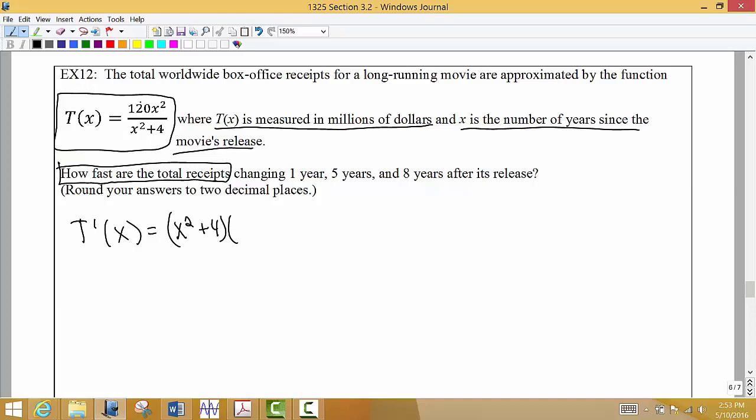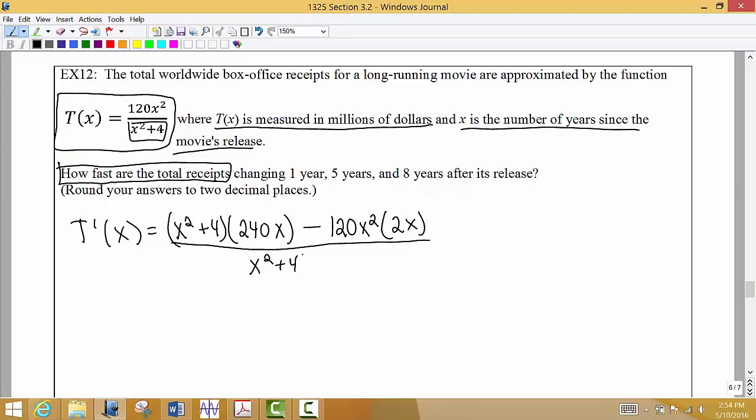So we're going to use the power rule for the derivative of the top there, so that would be 2 times 120, 240, and then x, reducing the power by 1, so we get 240x, minus the numerator as is, times the derivative of the denominator. Just looking at the denominator, the derivative of that would be 2x, all over the denominator as is squared.